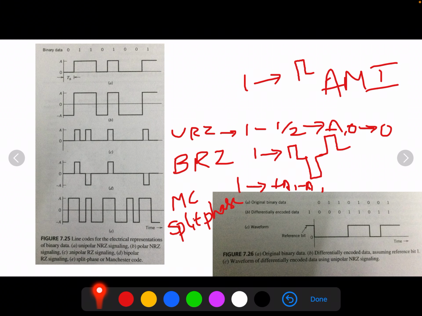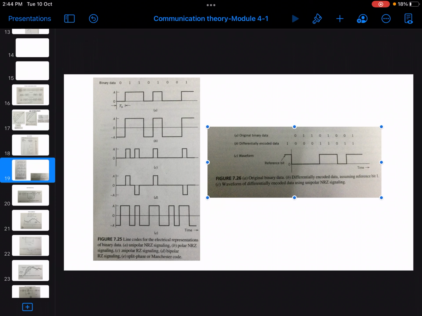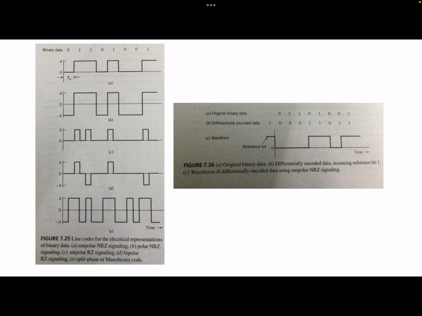Next you have differential encoding. So in this method, it is used to encode the information in terms of signal transitions.